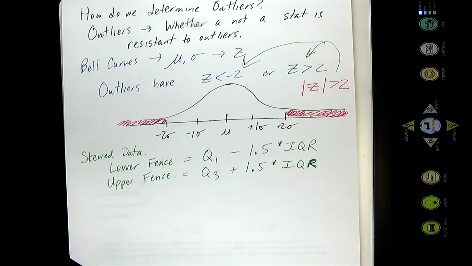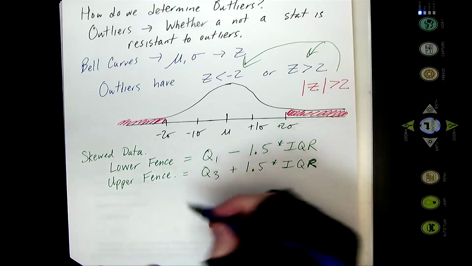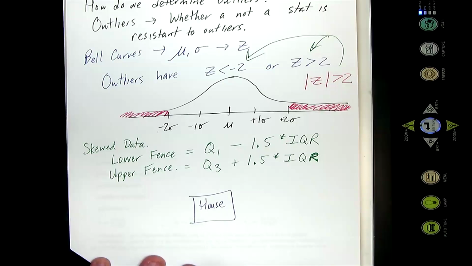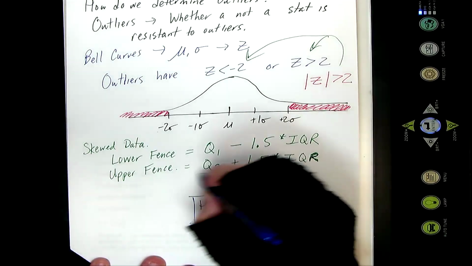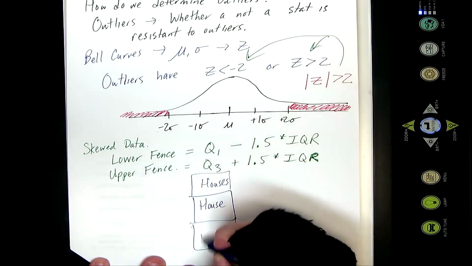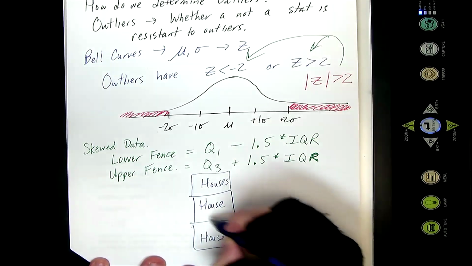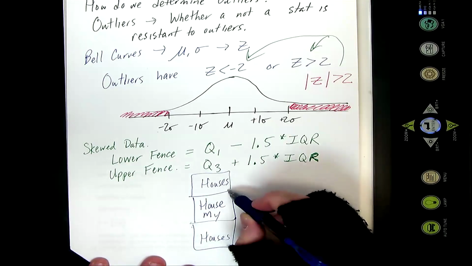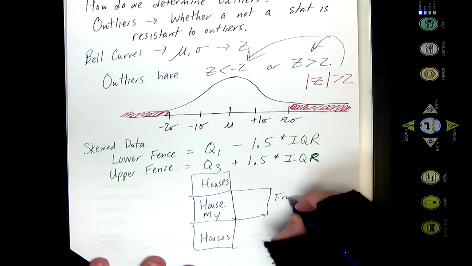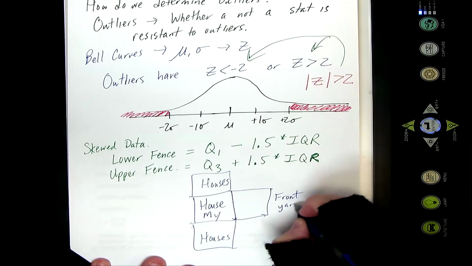Pictorially, what's going on, so it will kind of make sense. You got your house, and you live in the suburbs, you got other houses around you. But this is my house, and I've got a front yard with a fence.